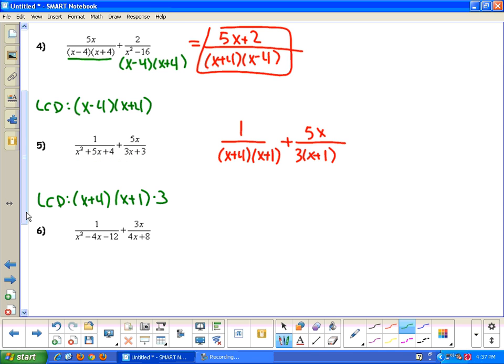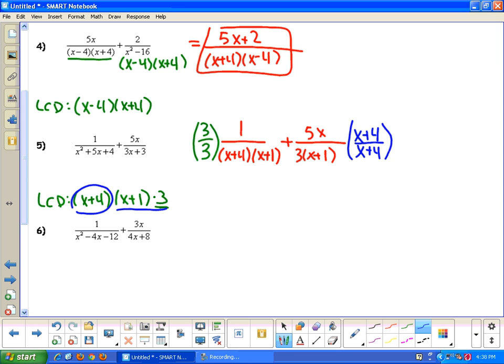If I look at the first fraction, I have x plus 4 and x plus 1, but notice I don't have that 3, so that means I need to multiply this by 3 over 3 to get my common denominator. For the other one, I have 3 and x plus 1, so I'm missing the x plus 4, so that means I need to multiply this by x plus 4 over x plus 4.